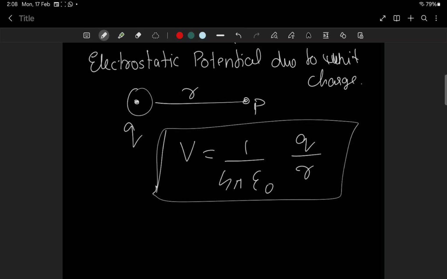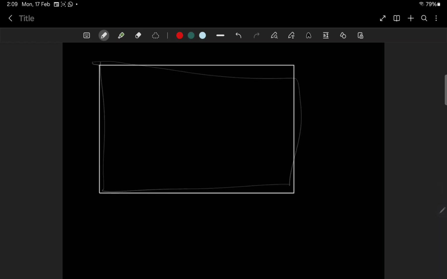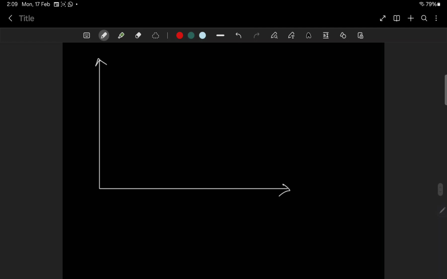Now we have a graph here that is showing us the variation of electric field and potential.